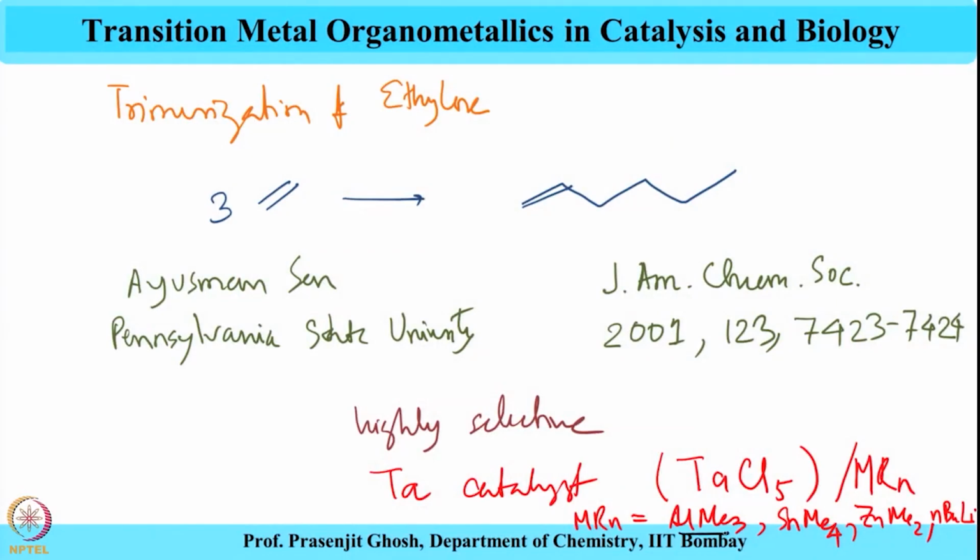where different types of alkylating reagents like trimethyl aluminum, tetramethyl tin, dimethyl zinc, and butyl lithium are used to alkylate this tantalum 5 compound, tantalum pentachloride, to get the active species, which is actually a tantalum 3 species.